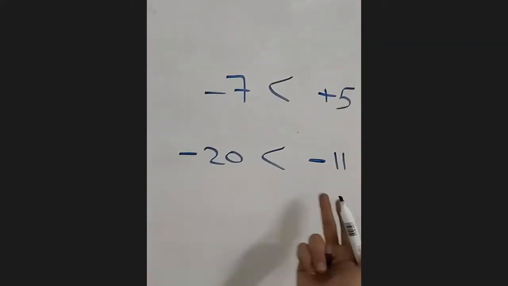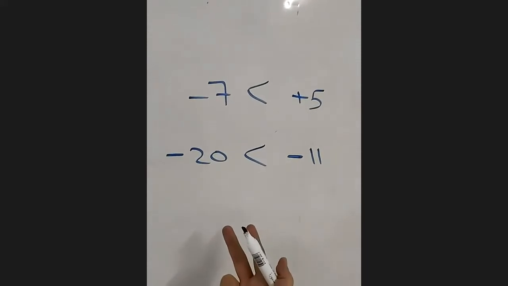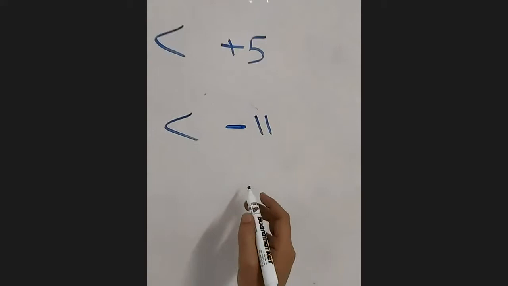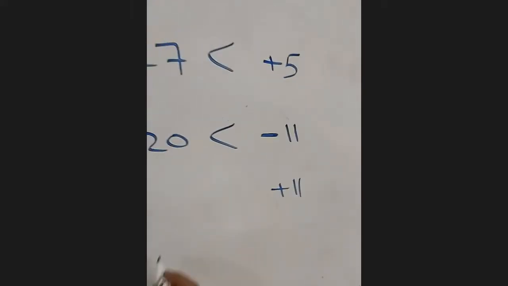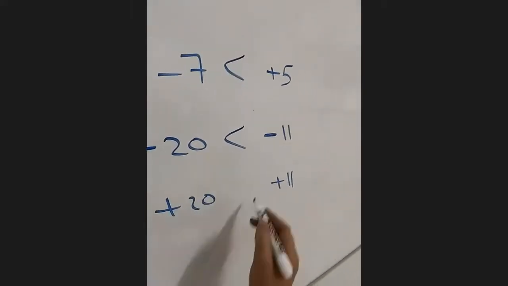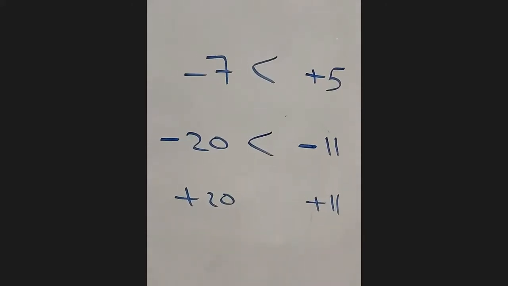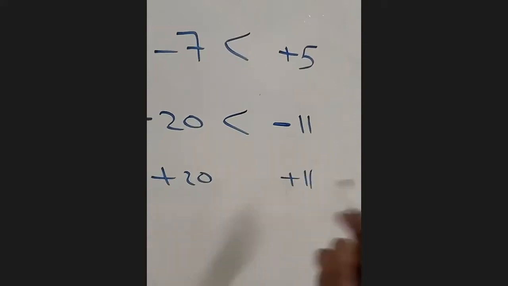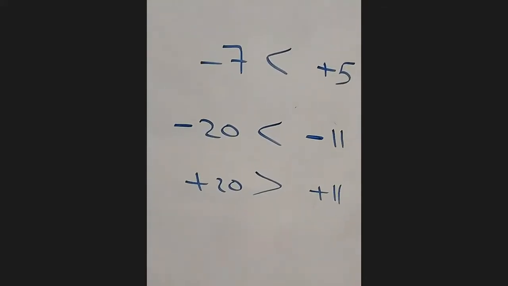So -11 is bigger. Got it? Now, which is better for you, if you have +11 riyal or +20 riyal? +20. It's better to have 20 riyal than 11, right? Yes.